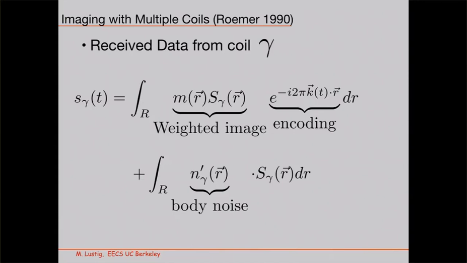Okay, so if you actually look at what is the signal that we pick up at a particular coil, right? So the signal at coil gamma as a function of time is pretty much the magnetization of the image multiplied by the spatial sensitivity of that particular coil.